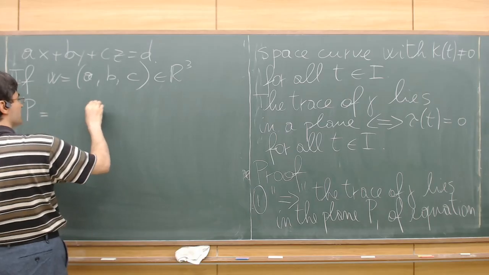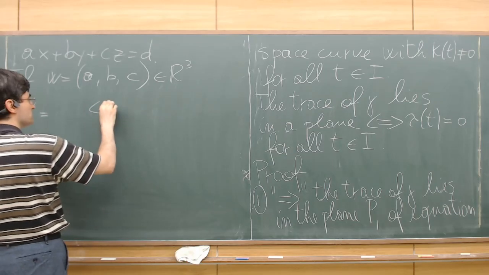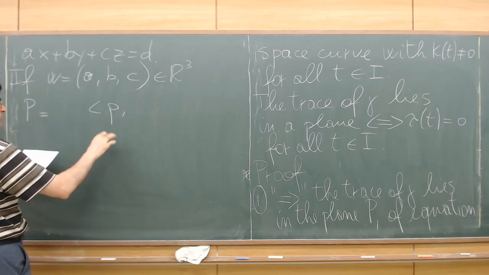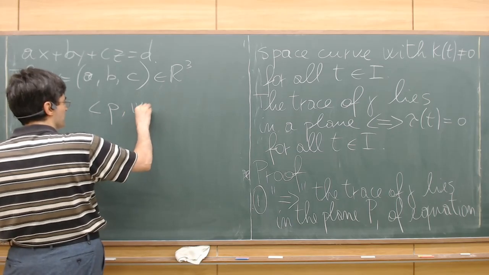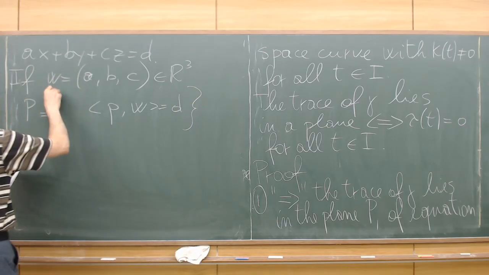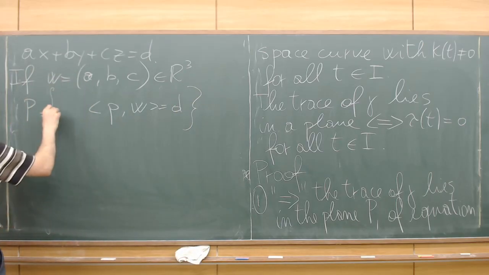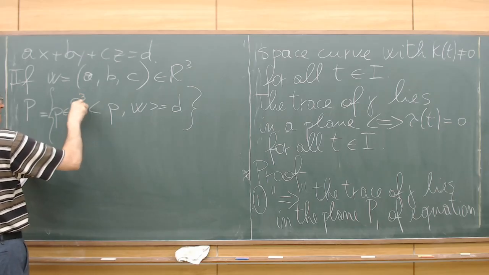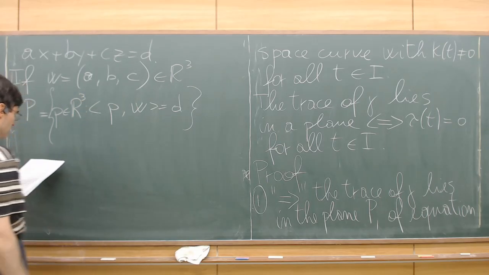It can be written as the inner product of a point P of coordinates x, y, z and w equal to d, and this means that we can describe P as the set of points in R3 such that this identity holds true.